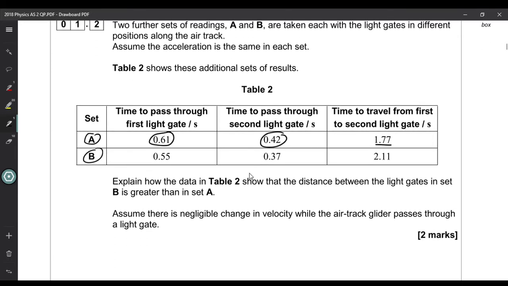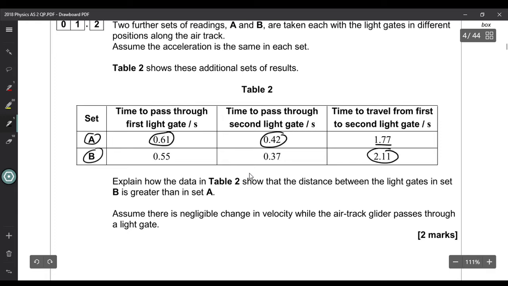Explain how the data in table 2 show that the distance between the light gates in set B is greater than set A. Assume that there's negligible change in velocity while the air track glider passes through the light gate. So we can see already that the time taken to travel between the light gates in B is longer.